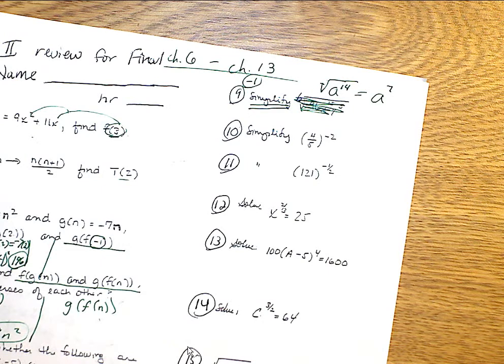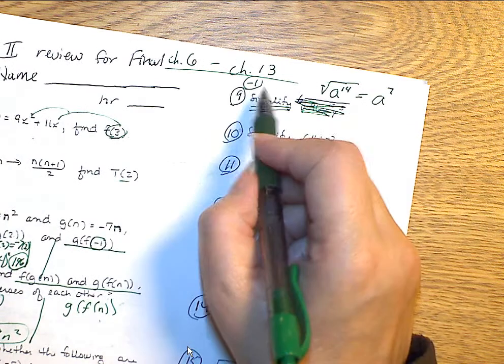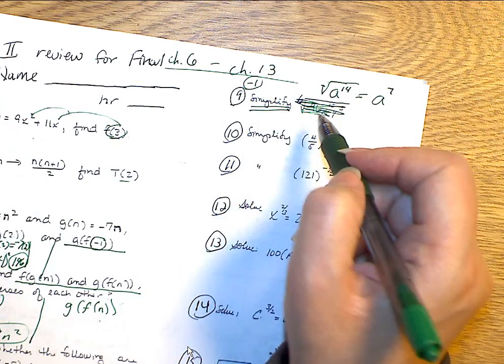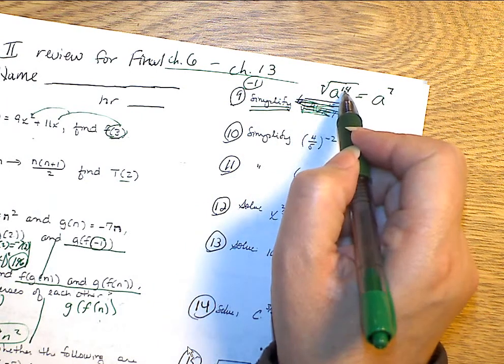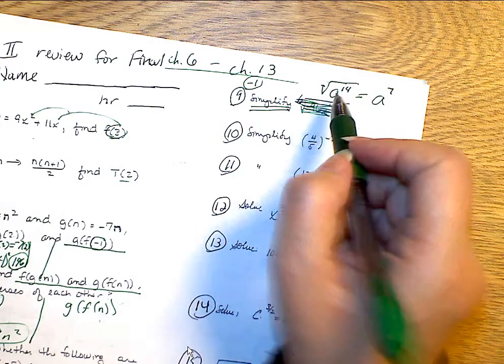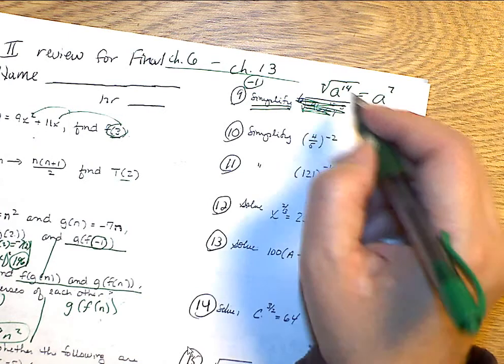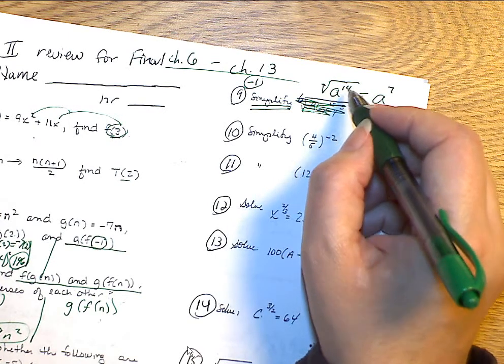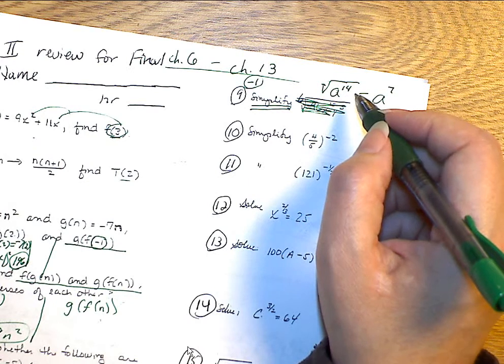It would be positive, because this is my first order of operations. So -1 to the 14th is 1. Then you would take the square root of that, and that will give you 1. So if you put any negative number in here and you put it to the 14th power, what are you always going to get? A positive number.